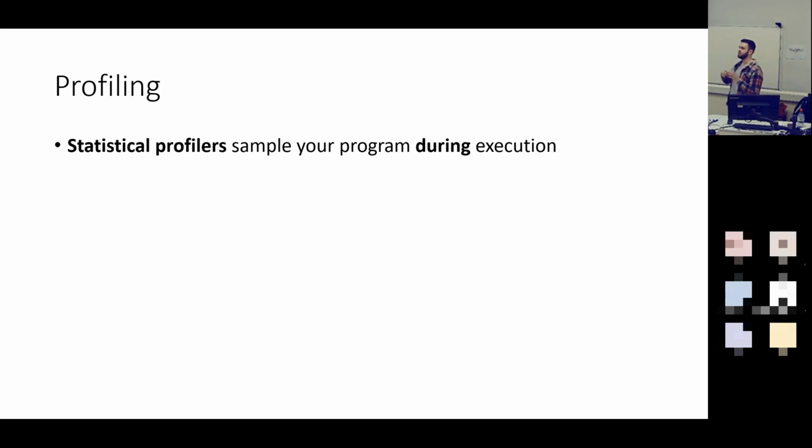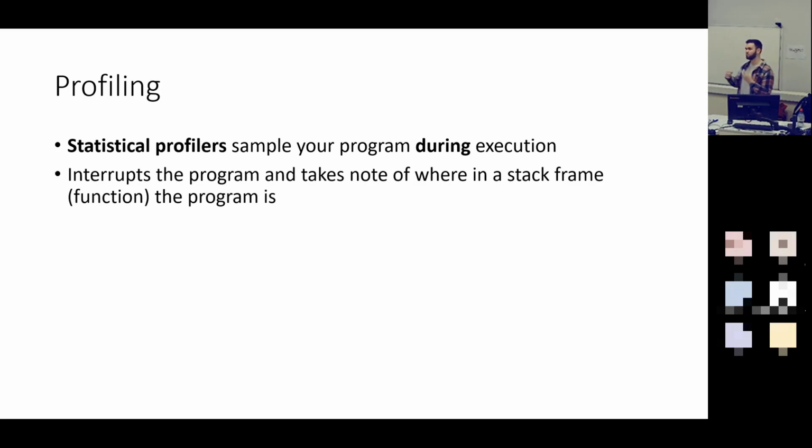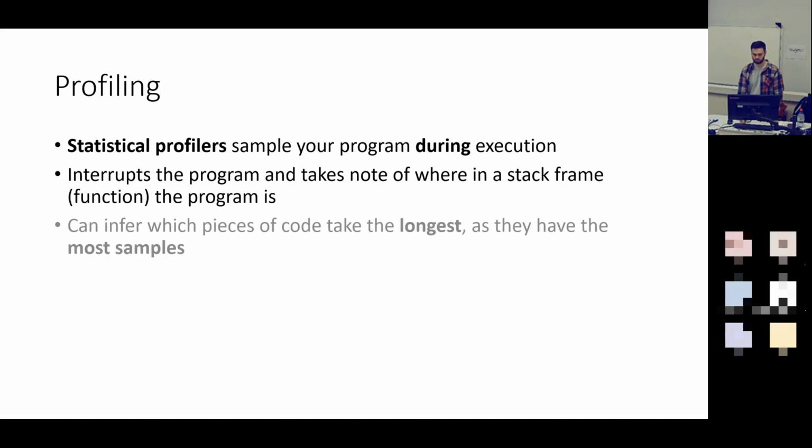And what this does, it will run alongside the code you're executing and check in which function the code is at a certain time. Whenever you're executing your program, it will have your stack frame of which functions you're currently in, and it will take note of where you are at each sample. And these samples can be used to extrapolate how long is spent in each function.